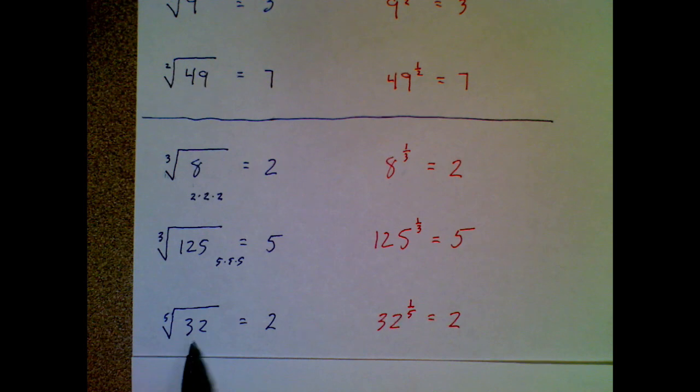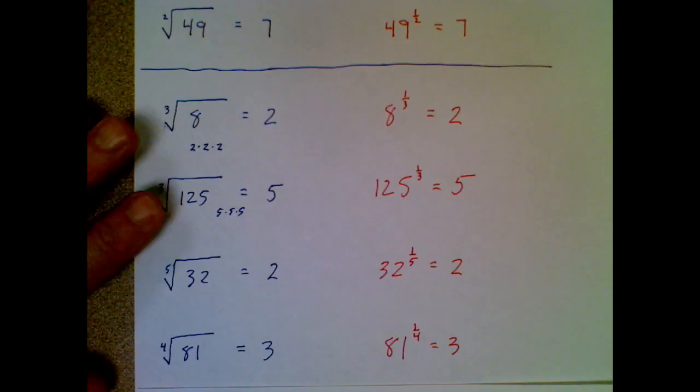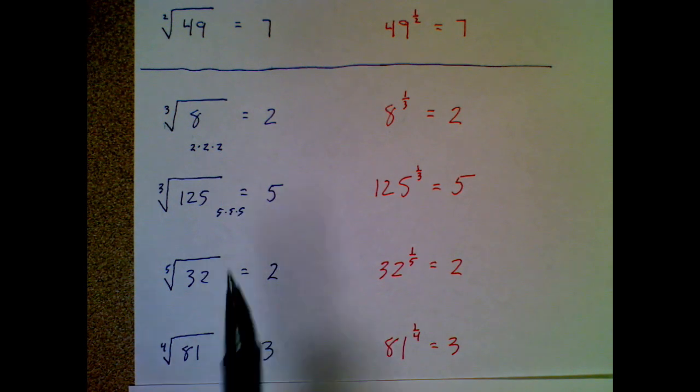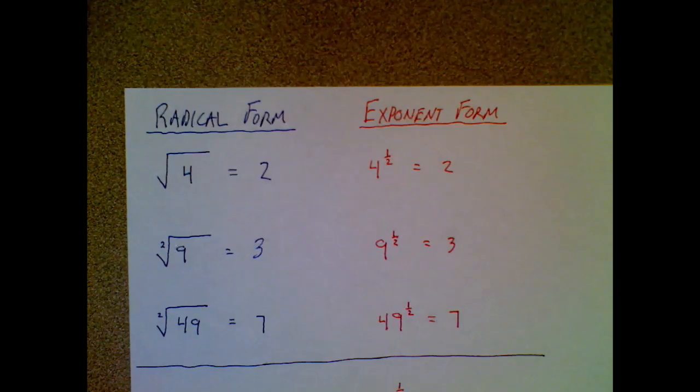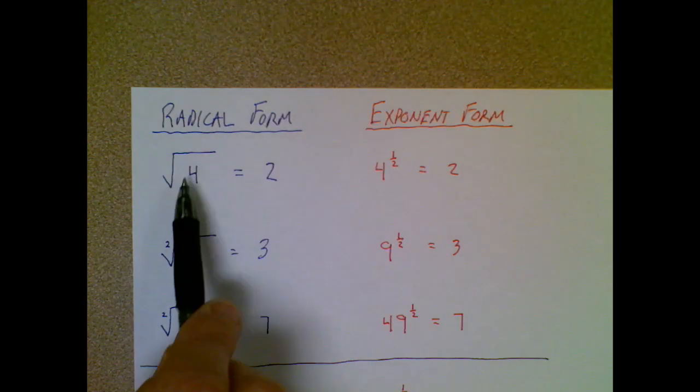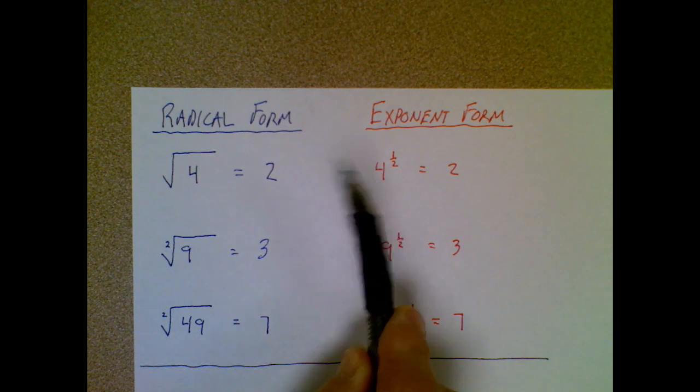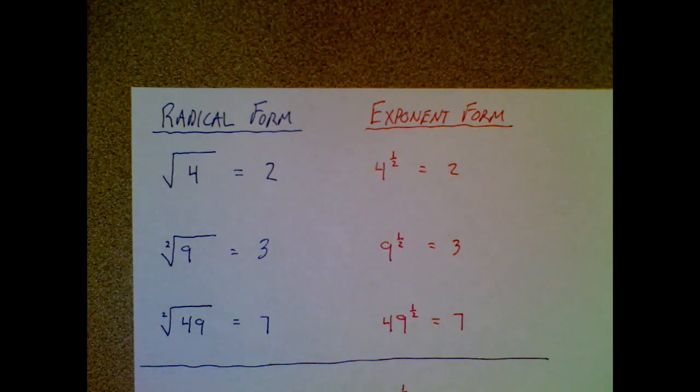And you could go a little crazier, like the 5th root of 32, or 32 to the 1/5 power, the 4th root of 81, or 81 to the 1/4 power. So they're just two different ways to write a radical or to write a value. You can either choose a radical or an exponential form. It's just new to you that we could have fractions up there in the exponent.